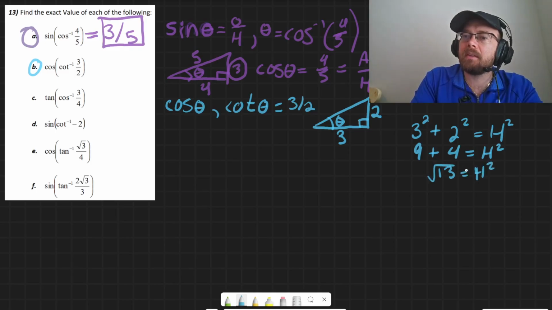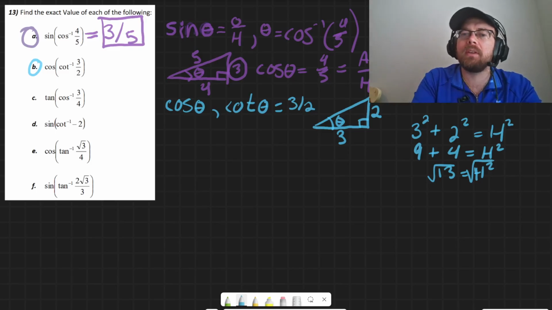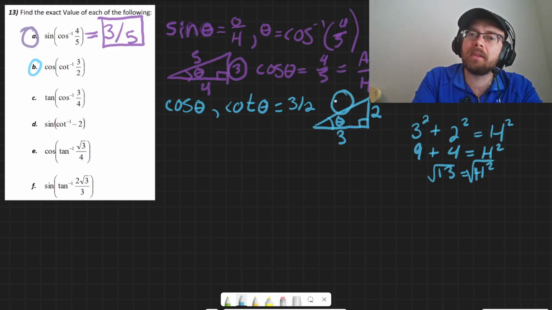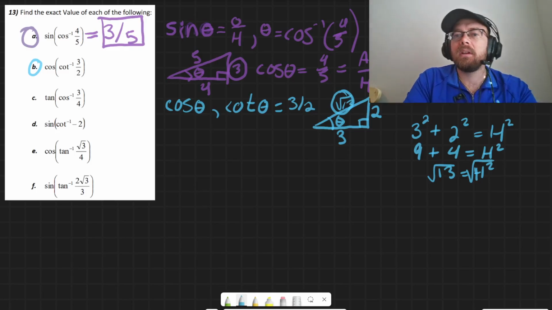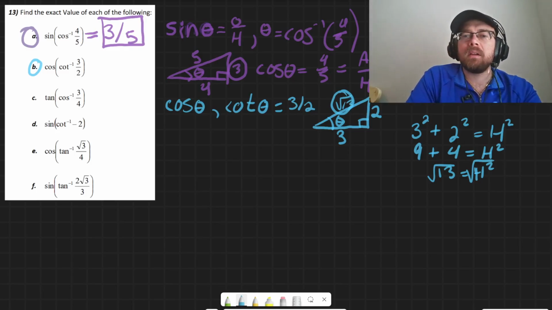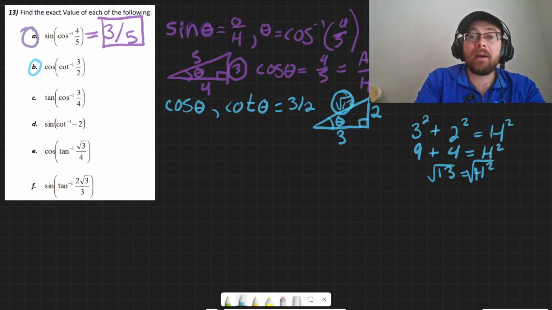And then I would need to take the square root. So h is going to be the square root of 13. So I'm going to put that in a circle, because that's a value that I had to solve for. And that is a root 13. It kind of got embedded into the hypotenuse side of the triangle. But we now have the hypotenuse.